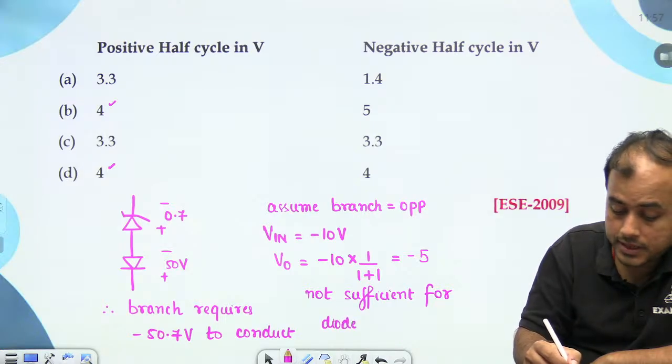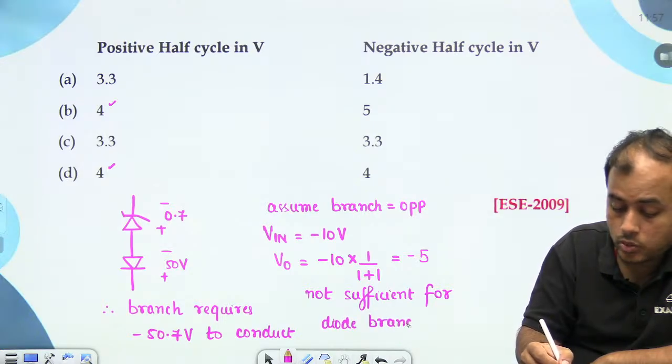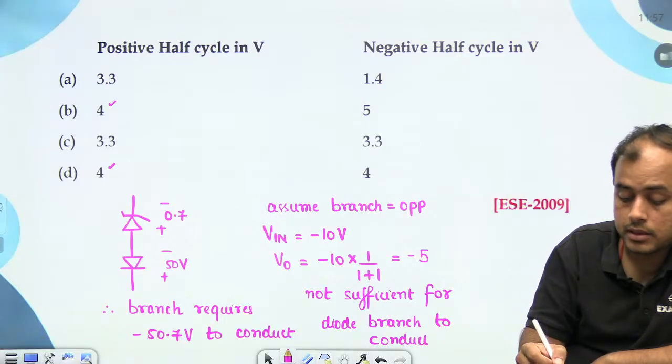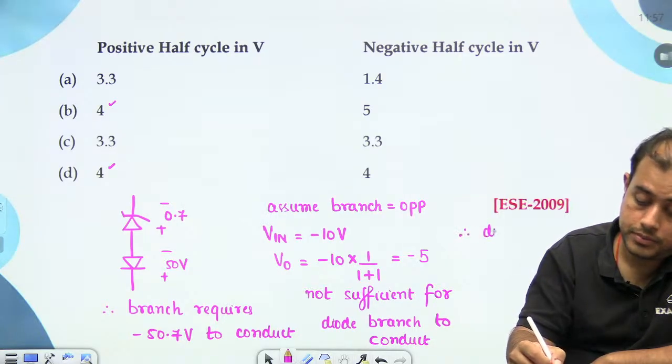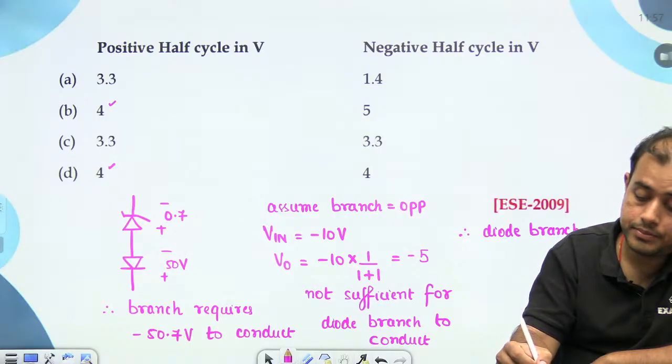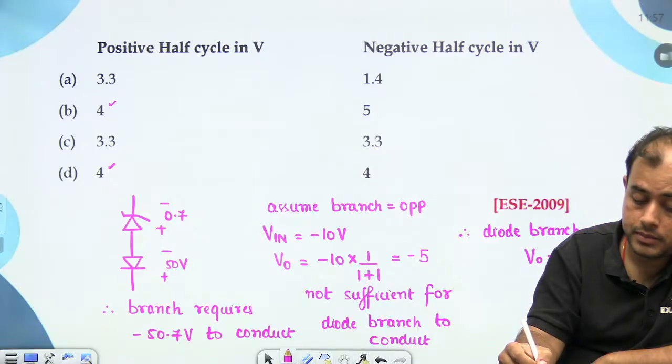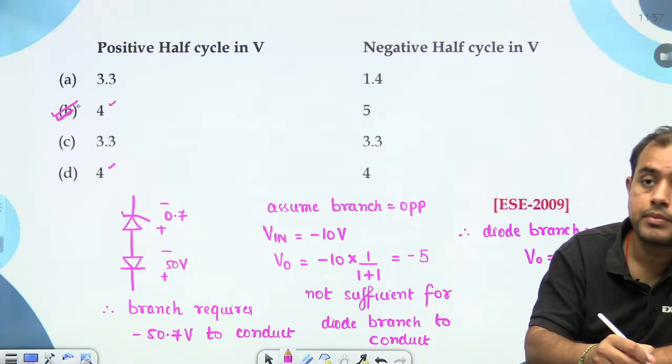In negative half cycle, the diode branch requires 50.7 volt. Therefore, diode branch will remain open and V0 will be minus 5. So answer will be B.